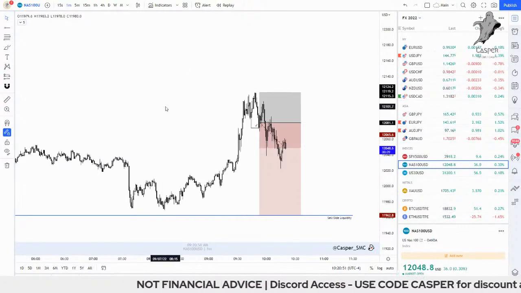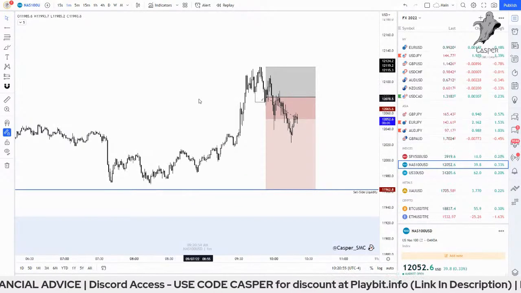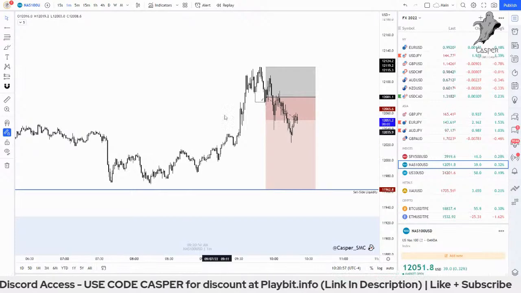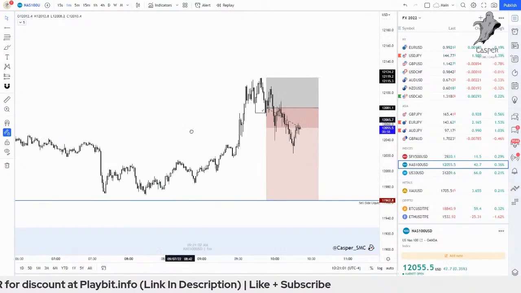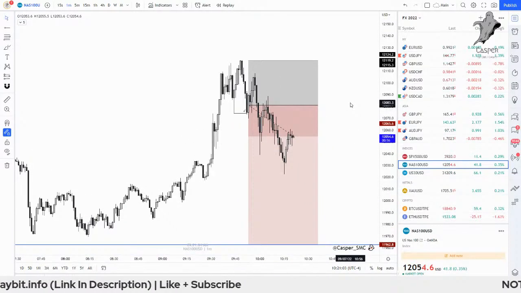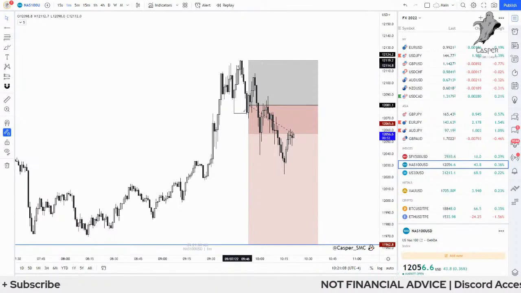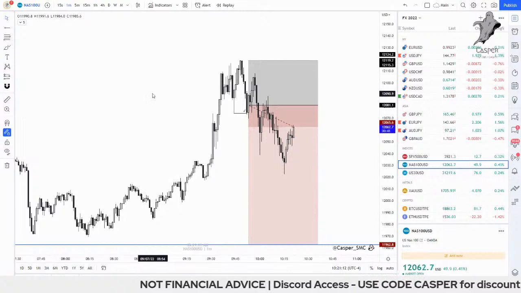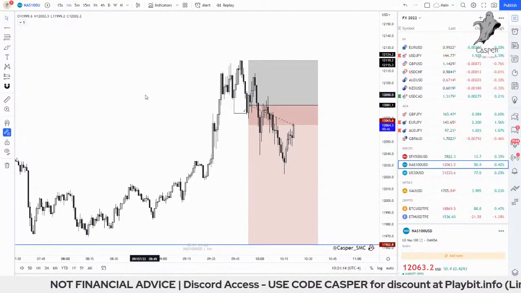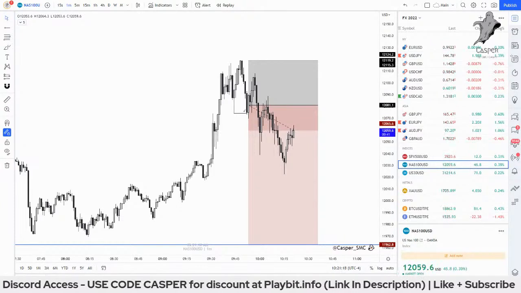Let's say you had a very lackluster impulse move into the high, or there was no clear target of liquidity. If you have that, you might forward test the logic, but you don't want to force a trade if the risk to reward isn't there, or if the move is not going to be big enough.